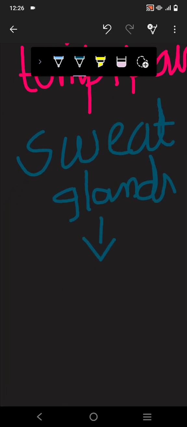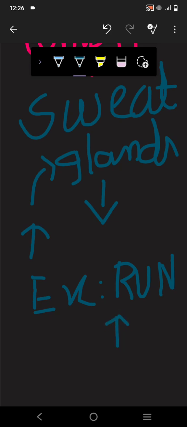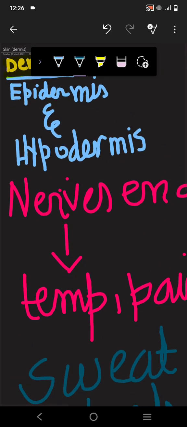For example, if your body temperature is high, then to maintain that, the sweat gland secretes the sweat so that your body temperature gets low. For example, you are running, okay, and your body gets very warm, so we know that the sweat starts secreting. So who secretes the sweat? The dermis secretes the sweat.